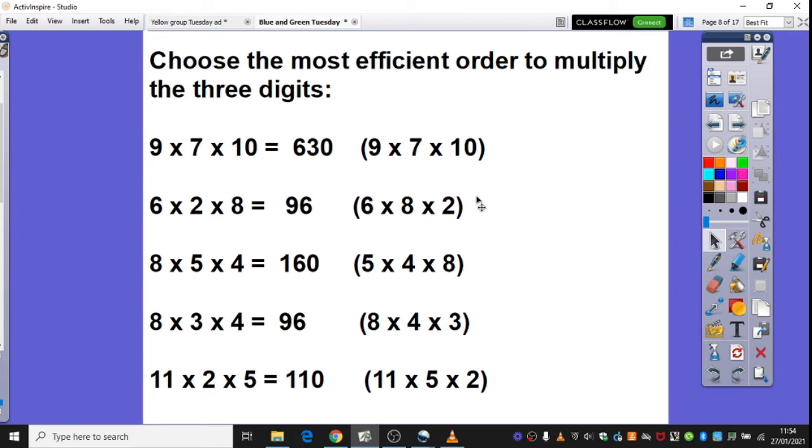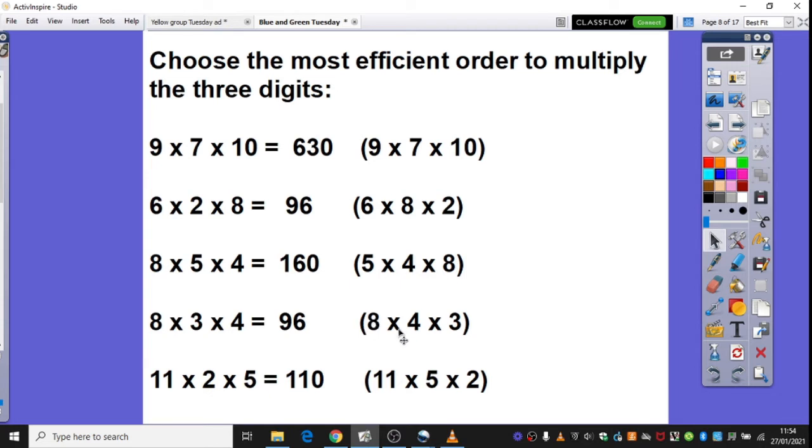Again, these are just my chosen ways of ordering the numbers. You can see I tend to like to leave my timesing by 10 and timesing by 2 till the end, and multiplying by 5. You can see how I decided I'd multiply by 4 to make 20, as I thought 20 times 8 was probably the easiest way to go.